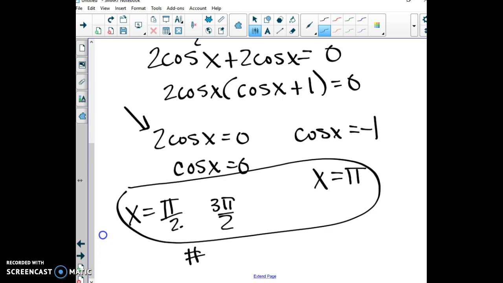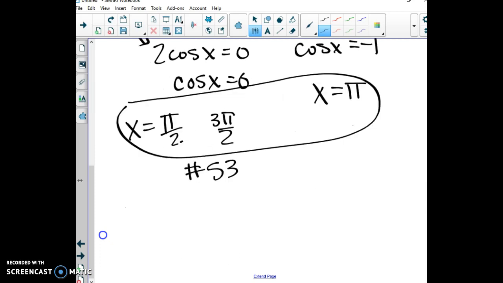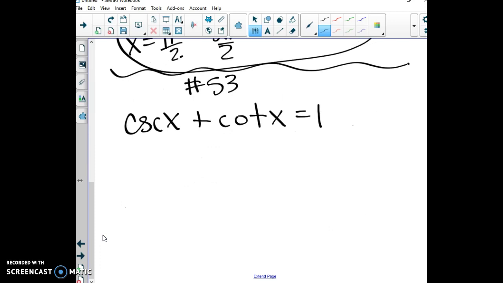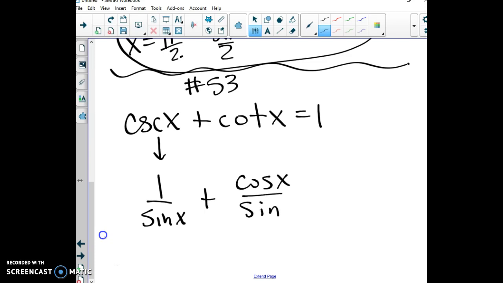Try number 53, and we'll come back and look at that solution. So cosecant and cotangent, it says to use our graphing utility again, so we're going to go ahead and change cosecant x into 1 over sine x, cotangent into cosine x over sine x, and subtract 1.